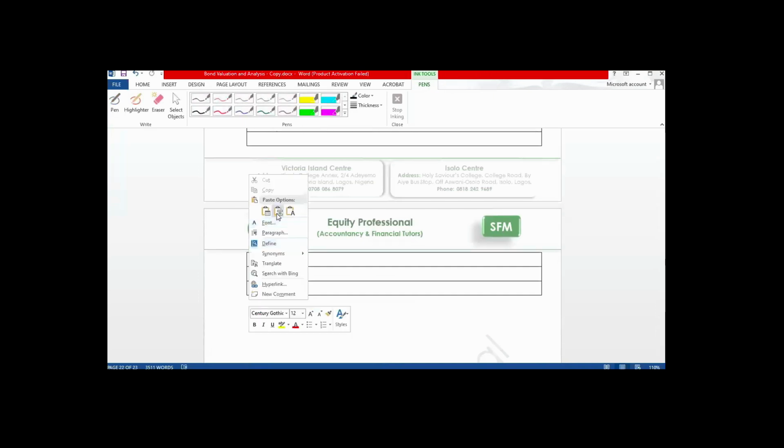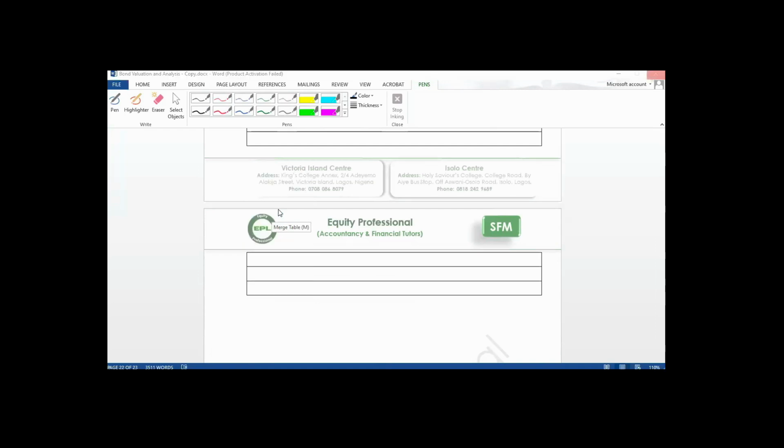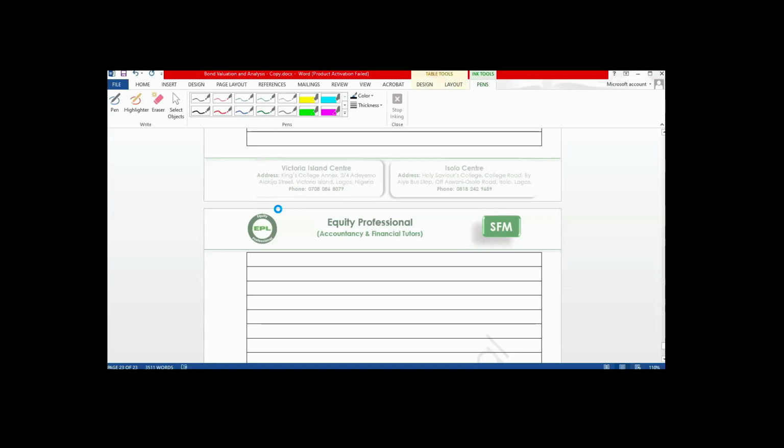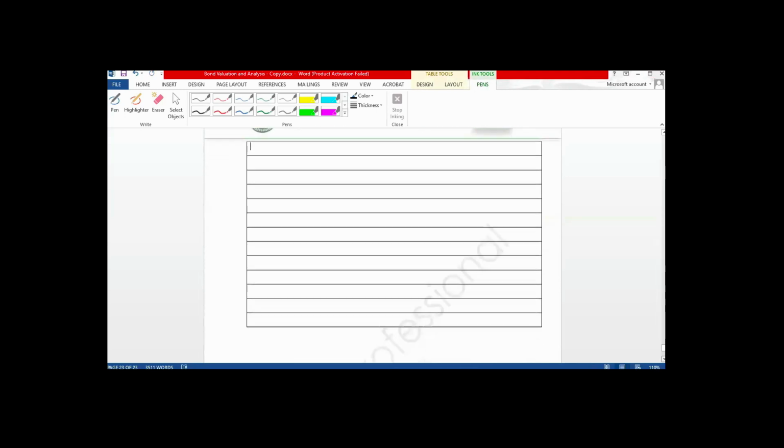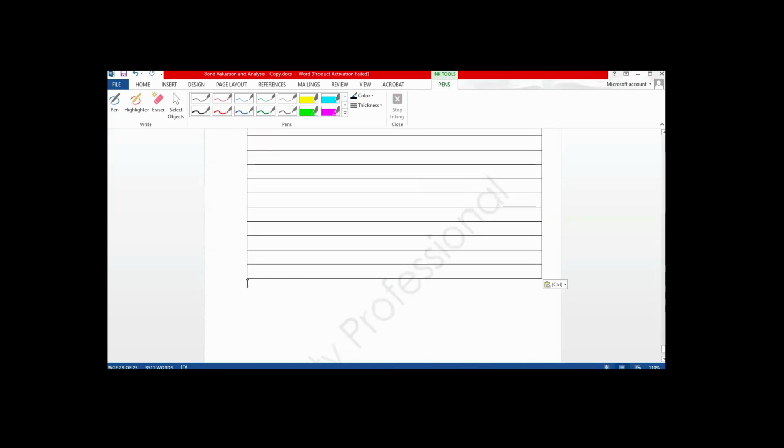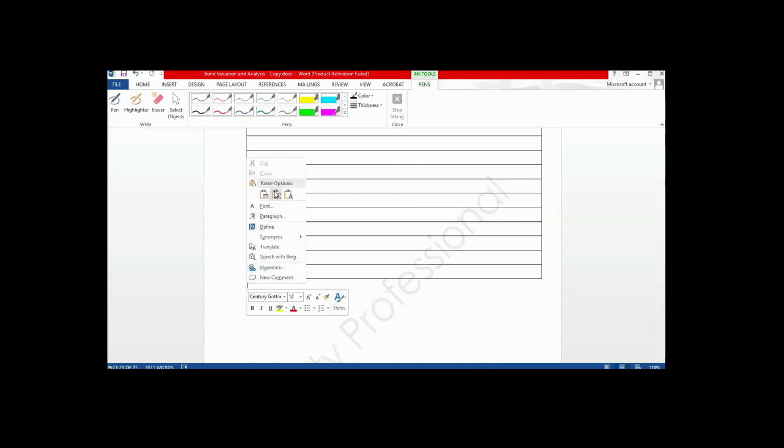Without these spot rates, you cannot calculate your forward rates.